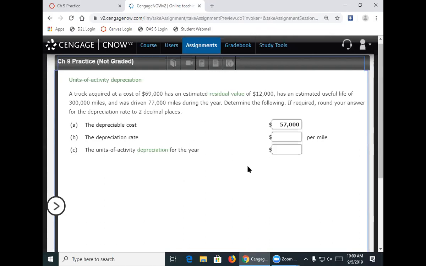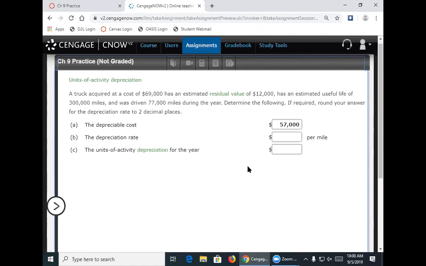Wait, wouldn't that be the straight line depreciation? No, it's units of activity because we're dividing it by the useful life in miles to get our depreciation rate. So for part B, to get how much we're going to depreciate it per mile, it's the same formula as straight line, but straight line uses years, time. With units of activity, you're using total activity.